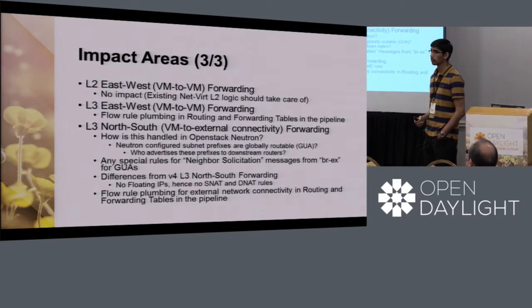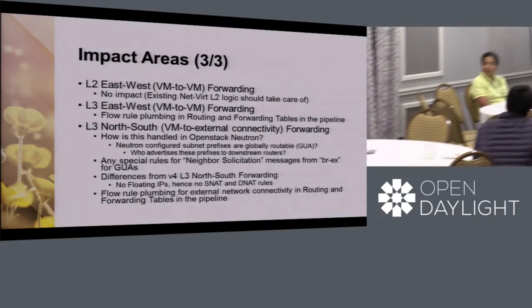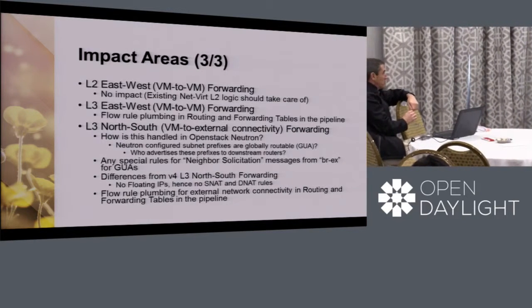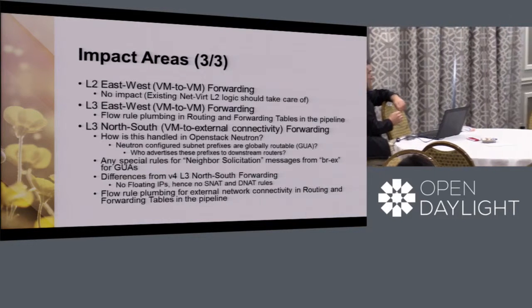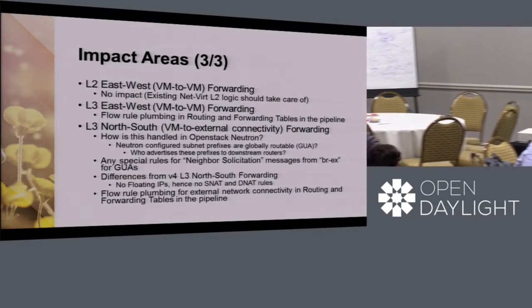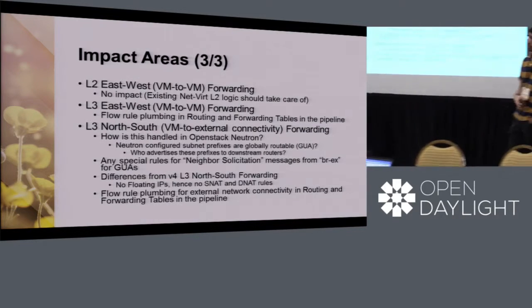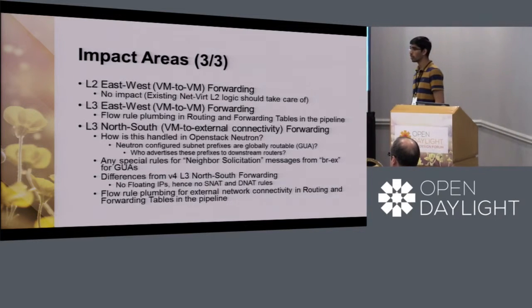On the external network, you need to have IP access to the router. Correct. How do we make our router the next hop from the external router for all these prefixes? Yeah, so these are the few things that we need to investigate on how it is done in Neutron and what are the additional things that we need to do from the OpenDaylight side.